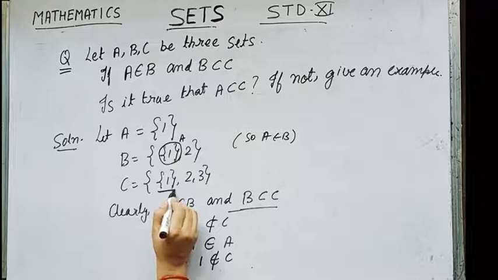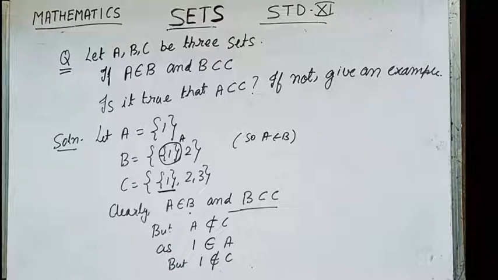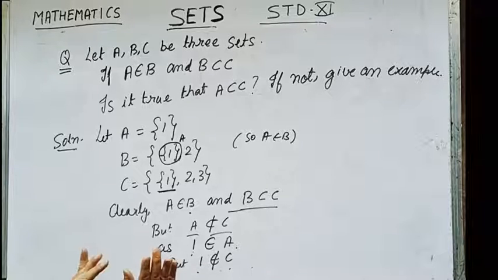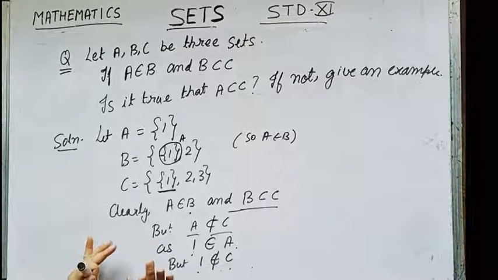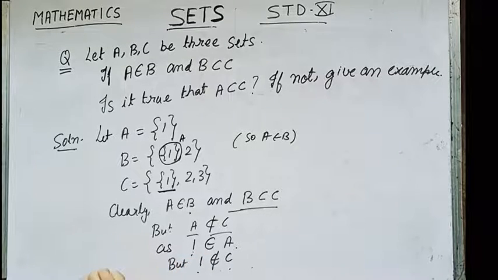The element which is in C is the set containing 1, but A has the element 1 in it. So we can write that A is not a subset of C, as 1 belongs to A but 1 does not belong to C. I think children you understand this example. It is an important example. So go through it. If not understood, send me a message in the message box.